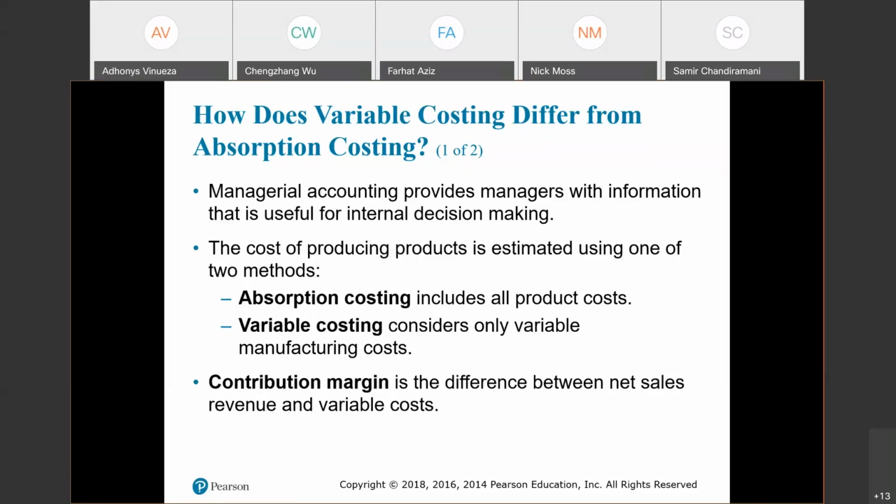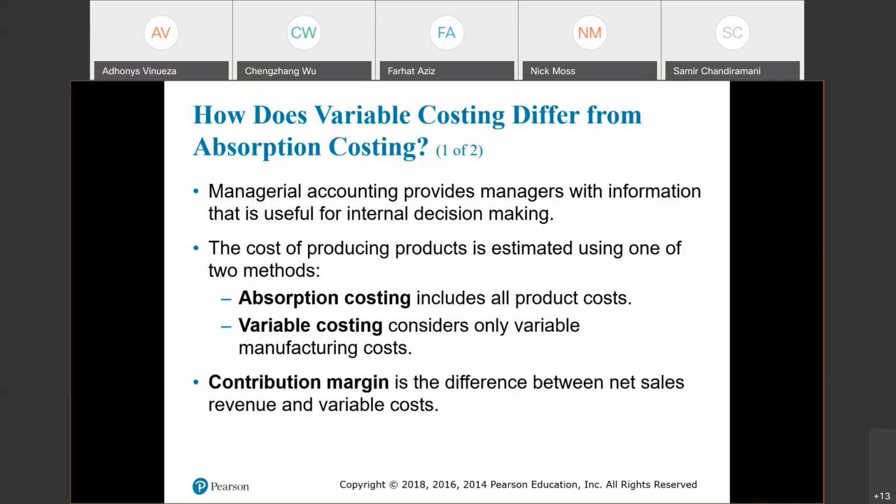Variable costing includes direct material cost, direct labor cost, and the variable part of the manufacturing overhead cost as the product cost. Fixed manufacturing overhead costs are considered as period cost, and these parts are expensed in the period in which they were incurred, because these costs are incurred whether or not the company manufactures any goods.